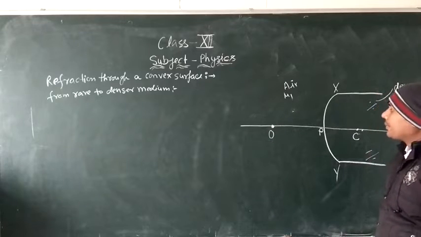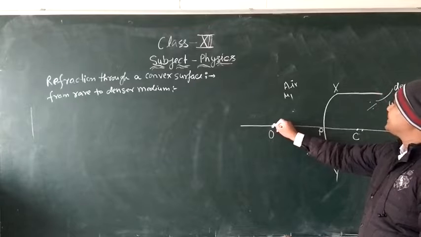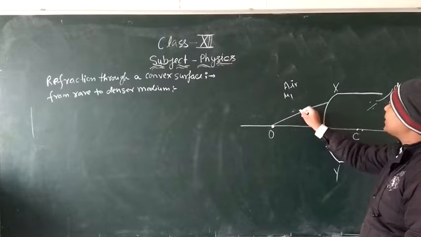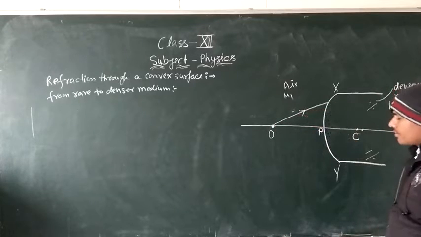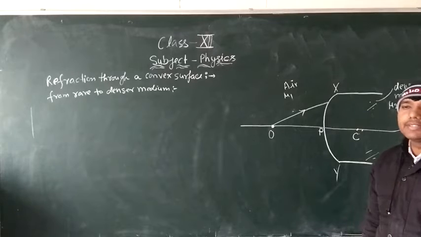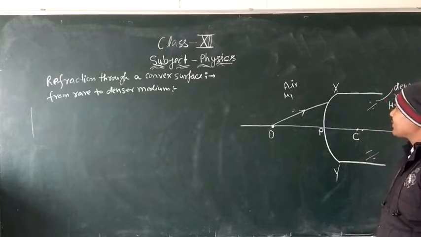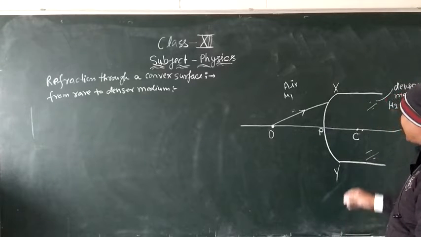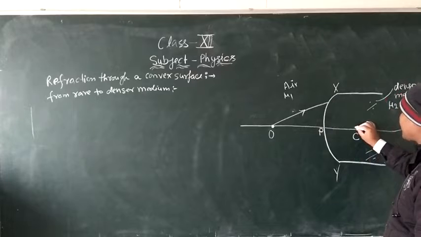Now we draw a light ray incident on the convex surface. To know the direction of refraction, first of all we draw the normal.